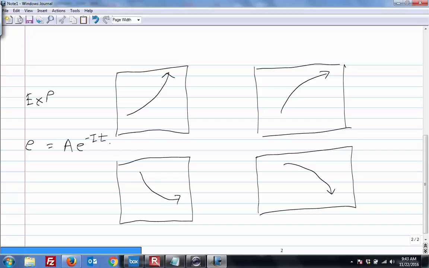Actually, let's do it this way, it's easier to think about it this way: e to the tau t. If tau is positive, the thing just keeps getting bigger and bigger forever, right? If tau is negative, it can sort of softly land into a smooth landing.